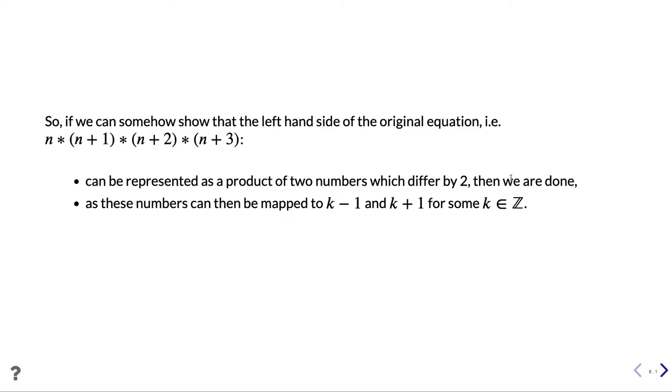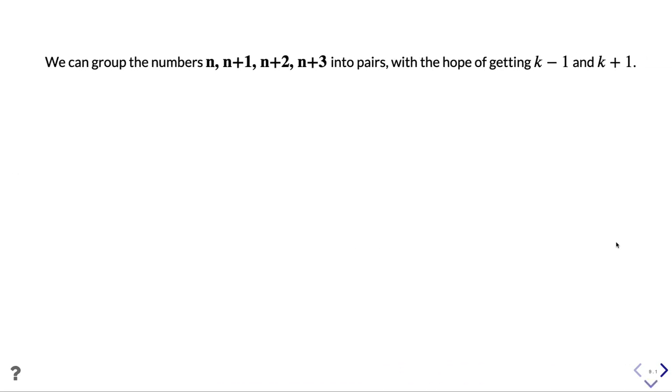Once we have found these two numbers, which differ by 2 and whose product equals the product of the four numbers, we can map them to k minus 1 and k plus 1, and then we will find k. So let's start by grouping the numbers n, n plus 1, n plus 2, n plus 3 into pairs, in the hope of getting something which maps to k minus 1 and k plus 1.